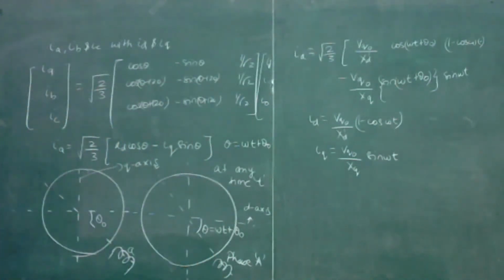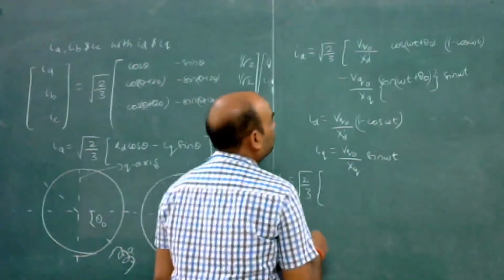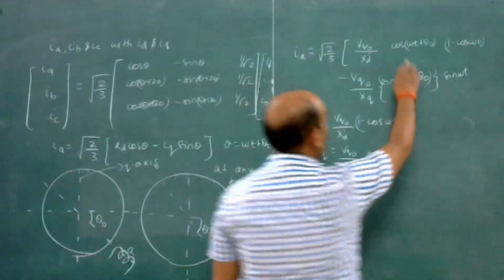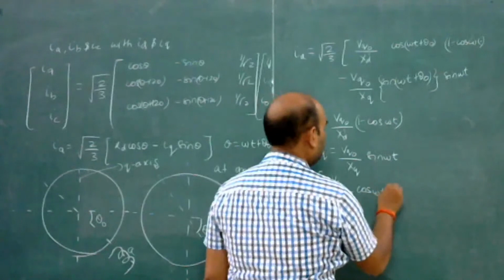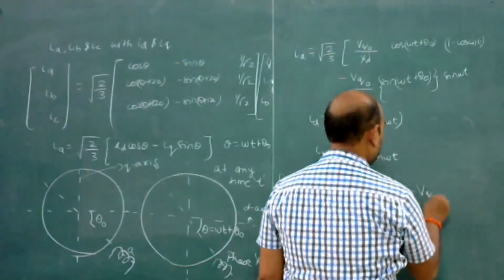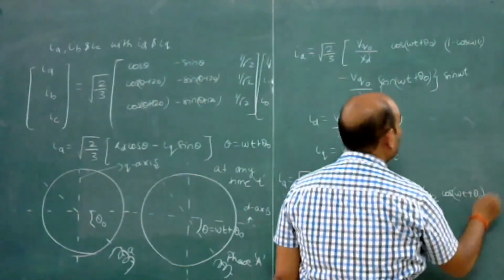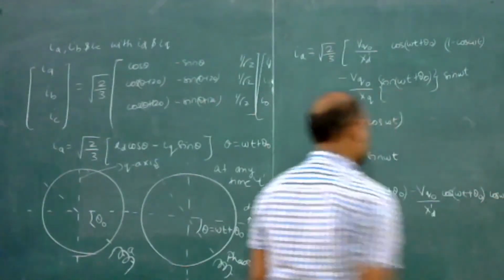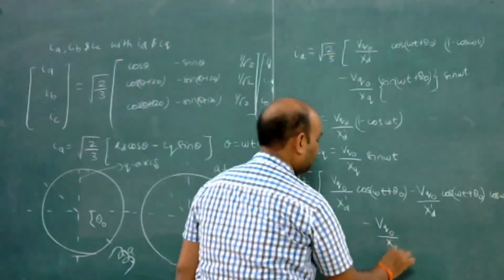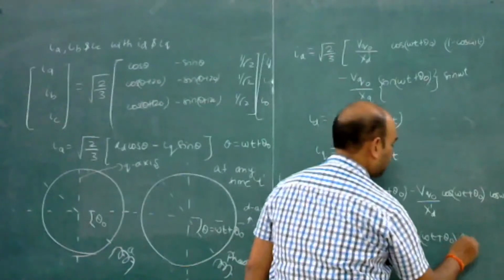So IA will become, after further simplification, VQ naught upon XD dash times cos(omega t plus theta naught), minus VQ naught upon XD dash times cos(omega t plus theta naught) times cos omega t, and minus VQ naught upon XQ times sin(omega t plus theta naught) times sin omega t.